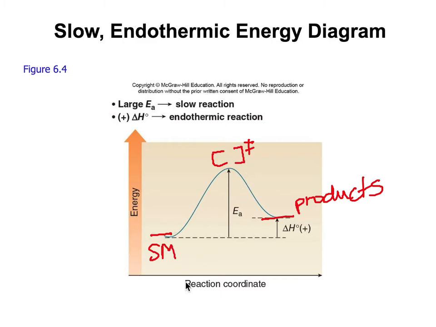The difference between the energy of the starting materials and the energy of the products ends up being a positive number, meaning that the enthalpy is positive, so this is an endothermic reaction. This reaction is not favored and doesn't happen spontaneously. We need to add energy for this reaction to actually proceed.